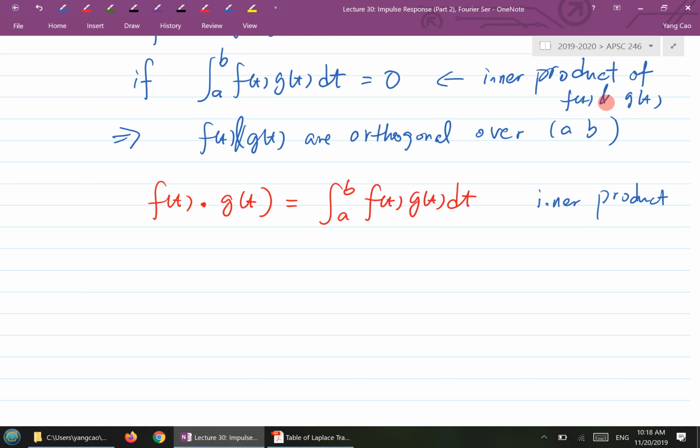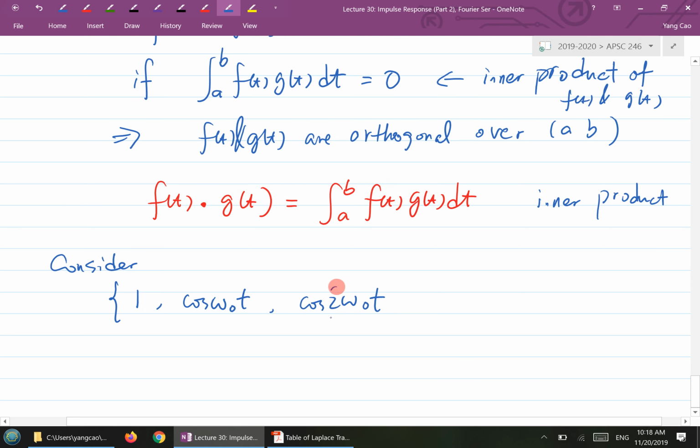Consider the following set of functions: 1, cosine omega naught t, cosine 2 omega naught t, up to cosine n omega naught t, and sine omega naught t, sine 2 omega naught t, up to sine n omega naught t.